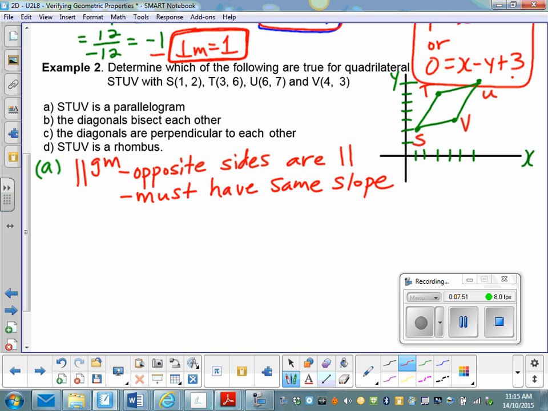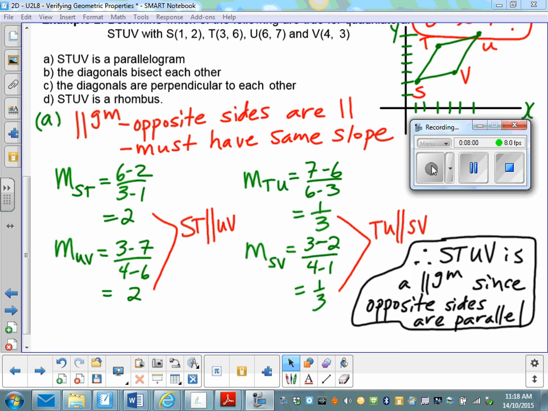So I'm going to find the slope of each side in that quadrilateral, and you can catch up with me once I've done that. So I found the slope of ST and UV, and they were equal to each other, so that means that ST is parallel to UV. I found the slope of TU and SV. They were equal to each other, so they're parallel. So therefore we can say STUV is a parallelogram since opposite sides are parallel.